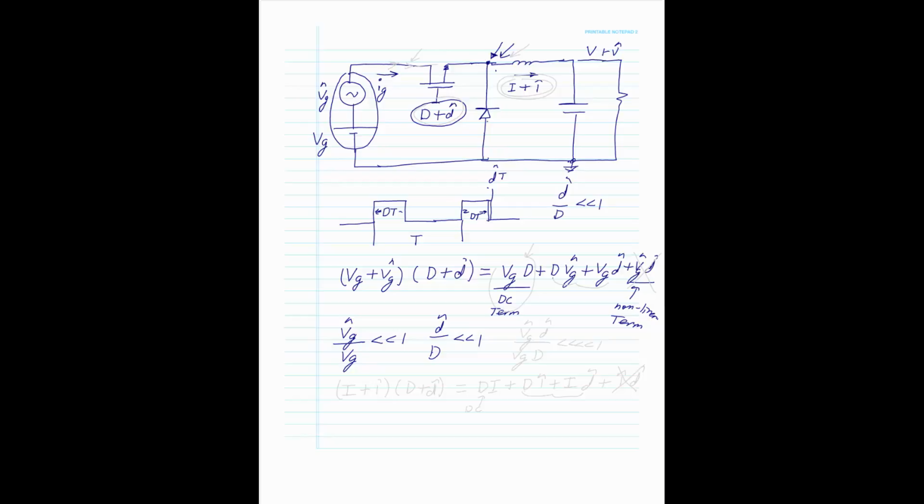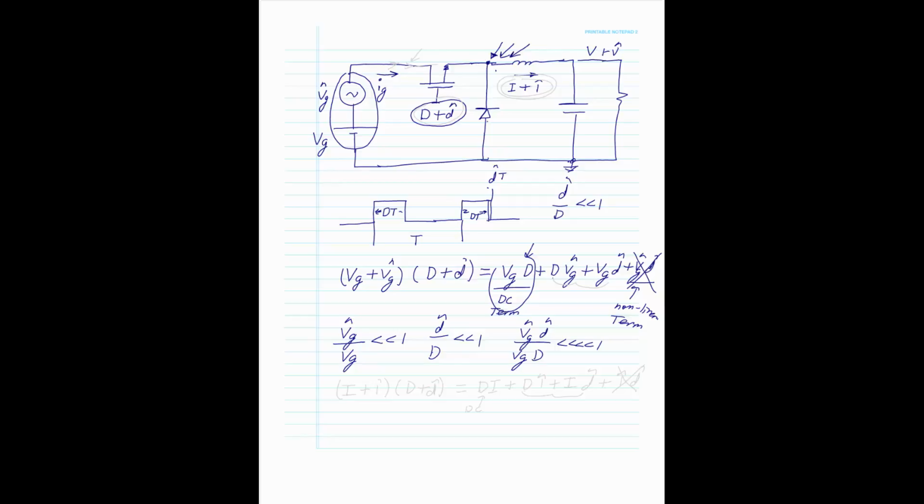So the product of these is going to be much less than 1, and we're going to ignore it. And since the DC term is here, we don't need to include the DC term because we want an AC model. So hence, we have the AC model for this output section here.